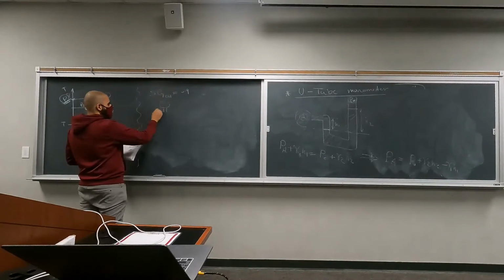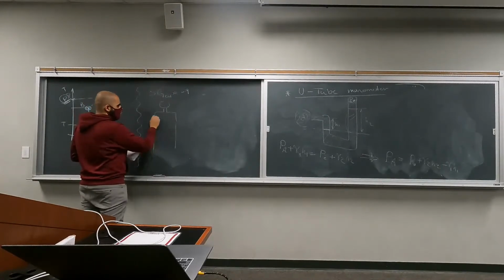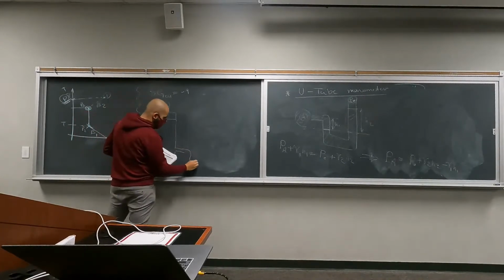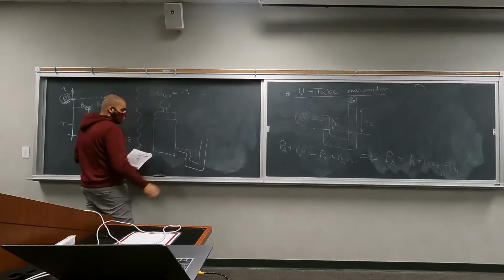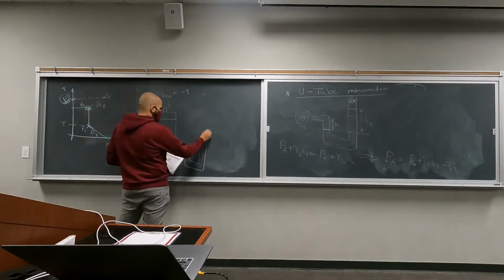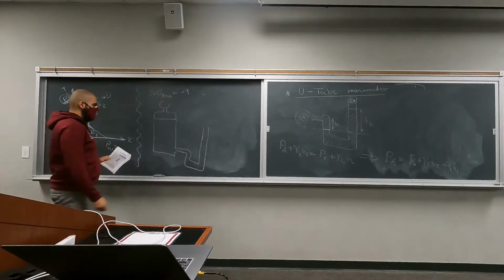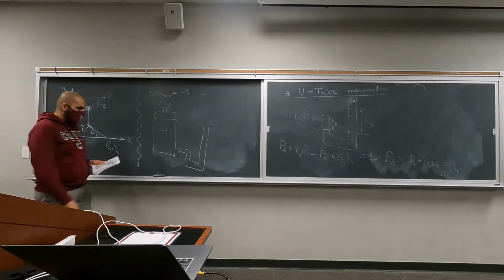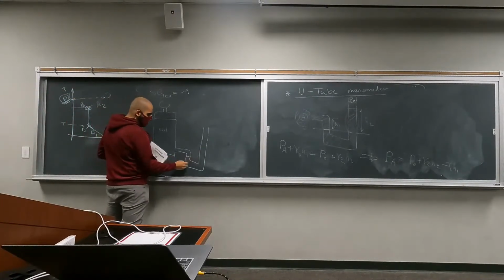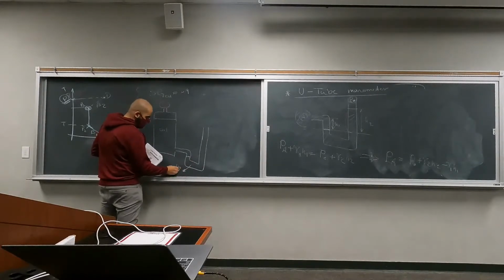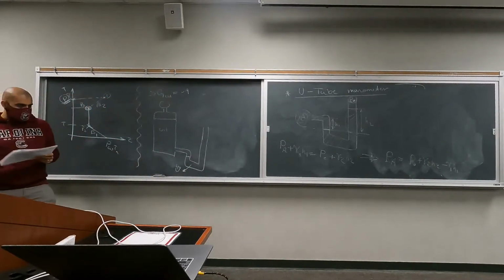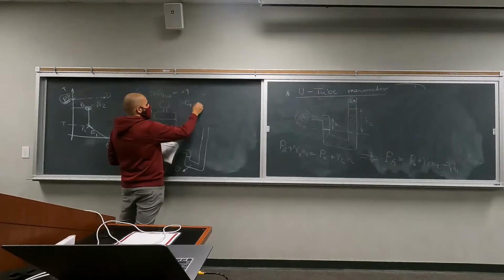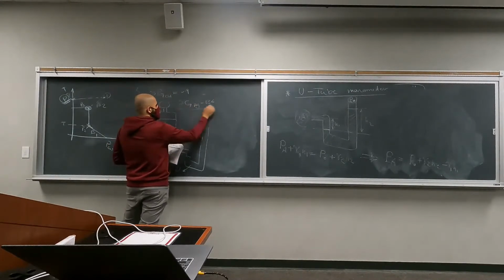We have a pressure gauge here, air, and oil. And then this is open to the atmosphere. So we have oil here inside with a specific gravity, and we are connecting it to a U-tube manometer, which has mercury inside, and the specific gravity of mercury is 13.6.